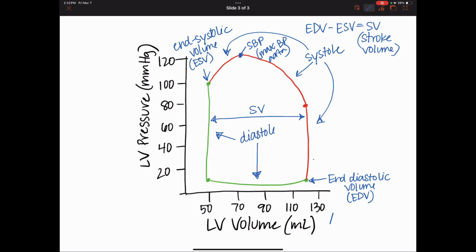And diastolic blood pressure is the minimum or the lowest blood pressure in the aorta during diastole. So right before the semilunar valves open, what is the blood pressure in the aorta? All right, and that's our PV loop.